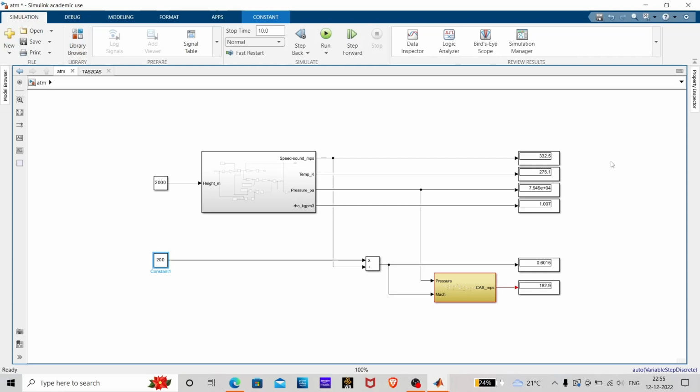So this is our small atmospheric model which we are going to use in our aircraft simulations. So that's all.